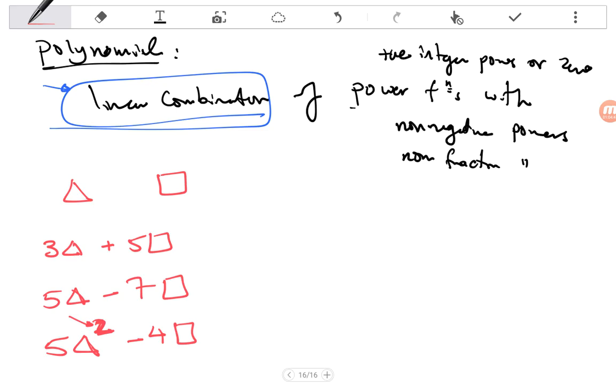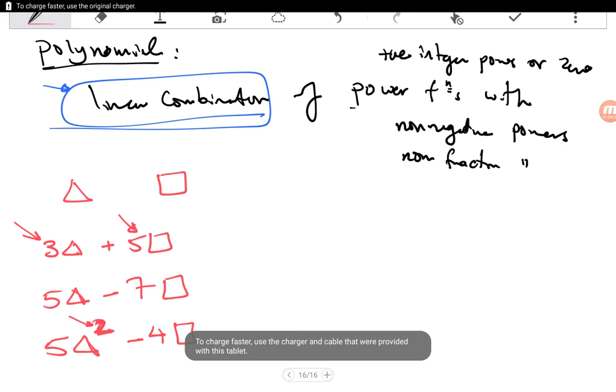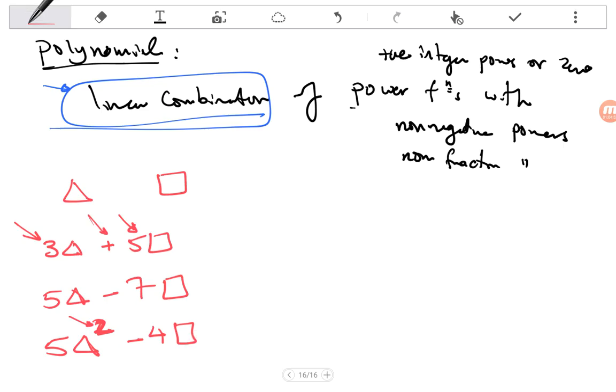It means just to multiply by some constant and to make addition or subtraction between these elements. If I have a triangle, a rectangle and a circle, a linear combination between these three is, for example, 3 triangle minus 5 rectangle plus 7 circle. That is called a linear combination of these three elements.